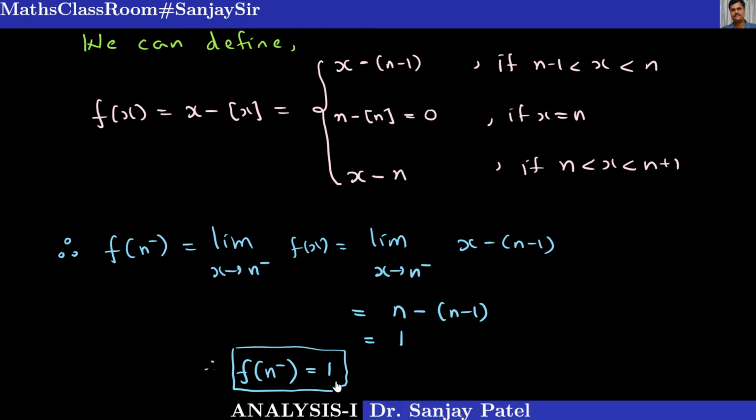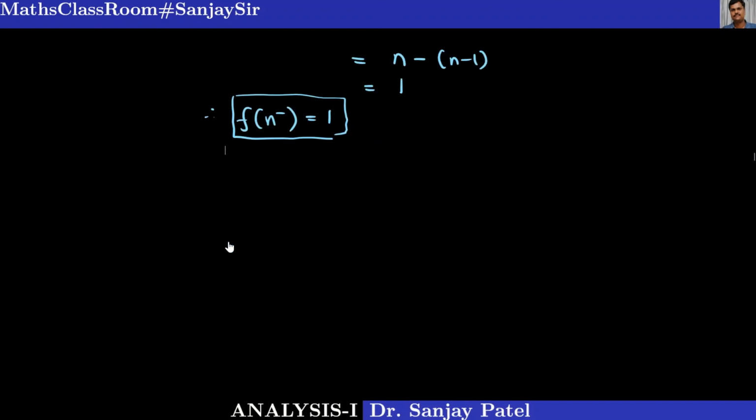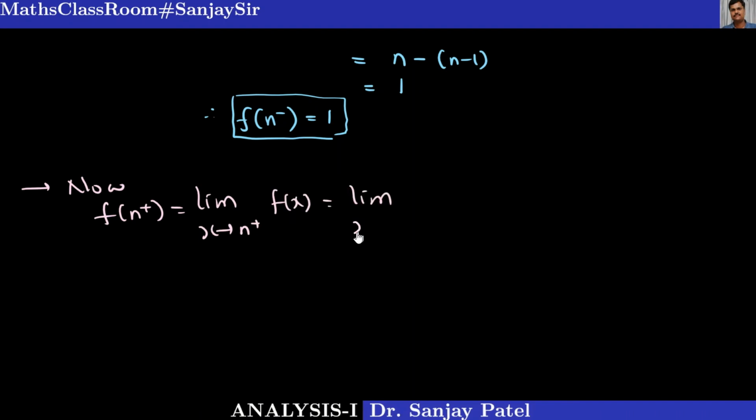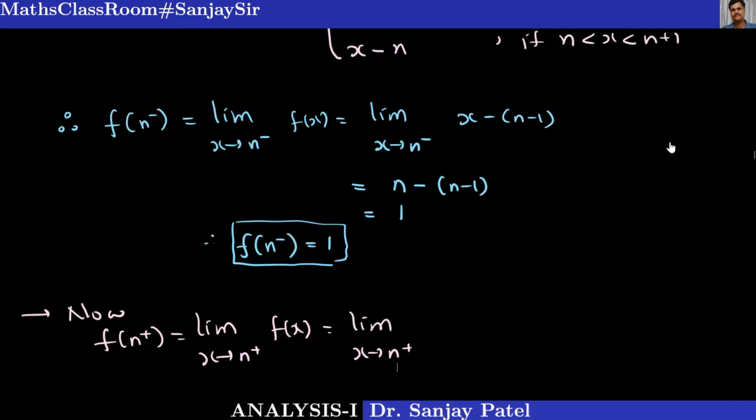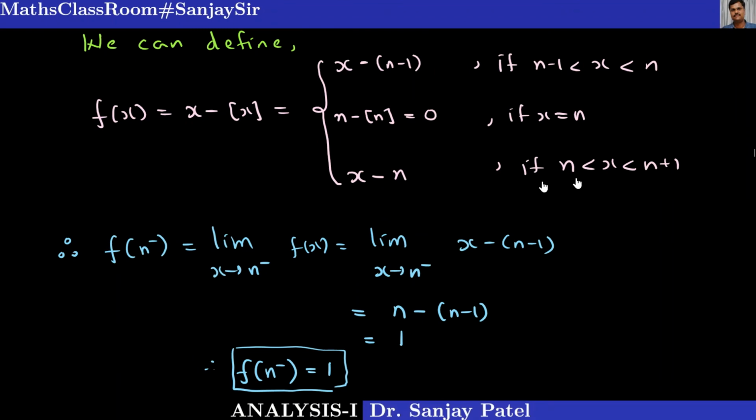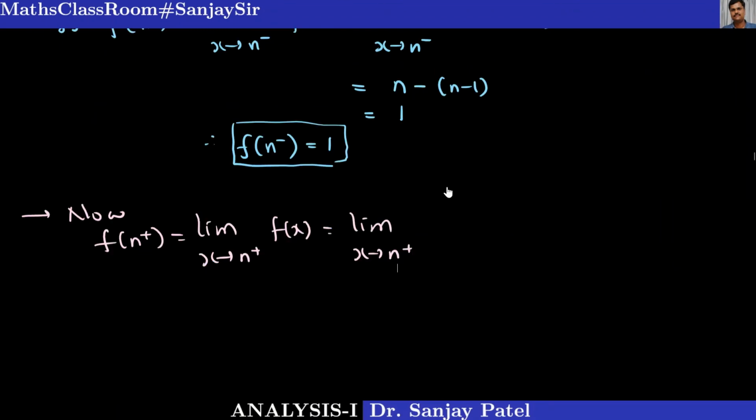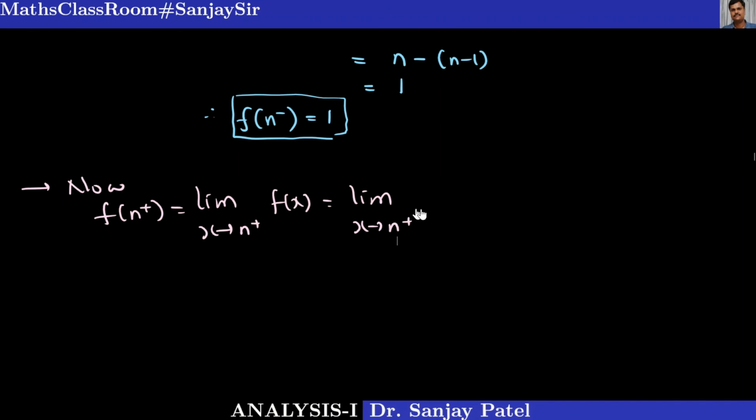Okay, and let us find the right limit now. Now f of n plus, that is limit x tends to n plus f of x, is equal to limit x tends to n plus. x is tending to n from the right hand side, and on the right hand side of n the function formula is simply x minus n.